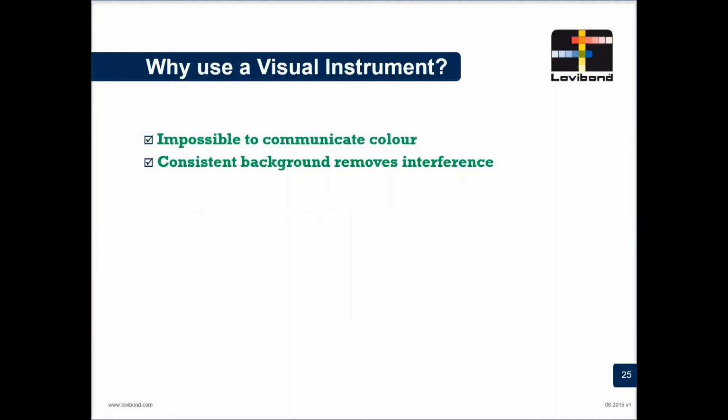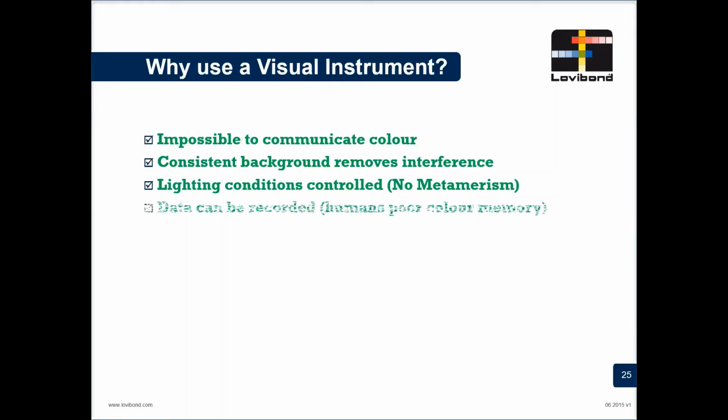You might notice at night time, if you have your car parked under one of those yellow type street lamps, the color of your car looks very, very different to what it looks like in the daylight. So we control our lighting conditions, and we know that we're going to get a consistent measurement with someone else who's using the same lights.